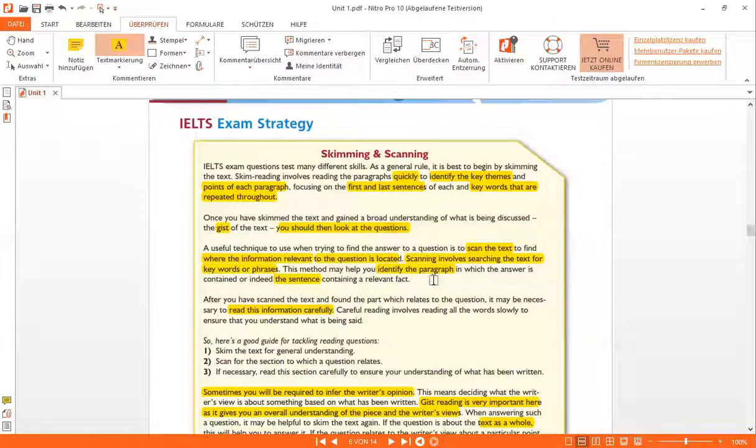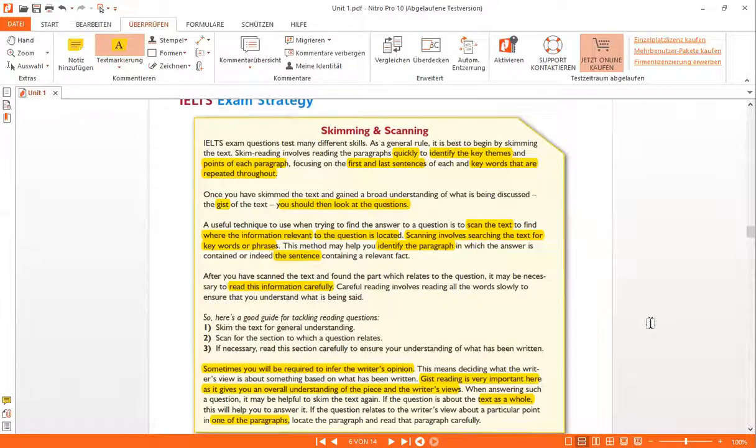That is why in every question, you will need to highlight keywords and phrases, because without keywords, you will not make any progress when it comes to looking for the answer to a particular question. So always highlight keywords in the question, and then guide yourself with those keywords and search and scan for them in the text.